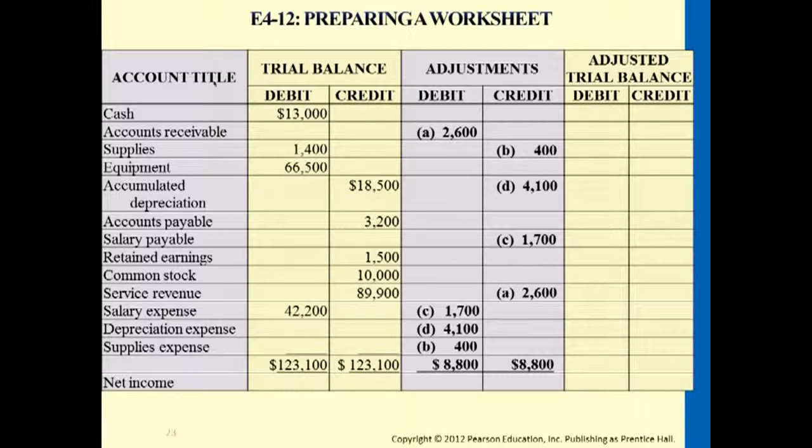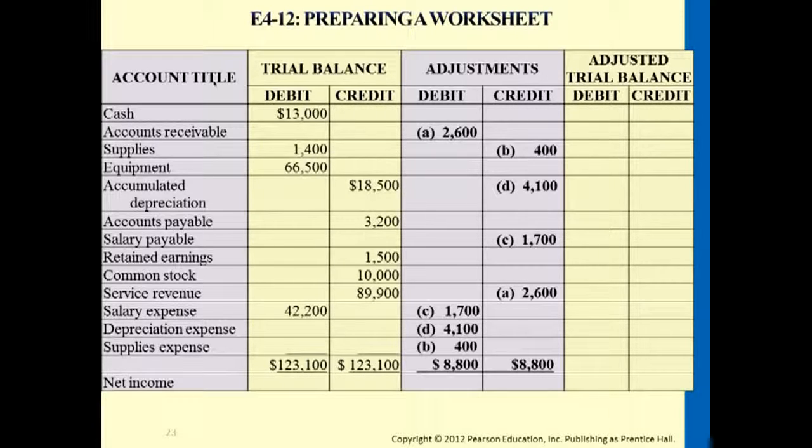You have B there representing used up supplies, $400, which we turn into supplies expense. You have C, salary payable, because employees worked for us, so their salary expense incurred already. Okay, you have D here, depreciation expense, and then accumulated depreciation up there.